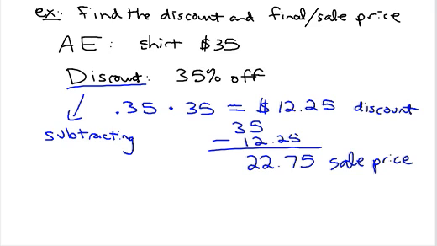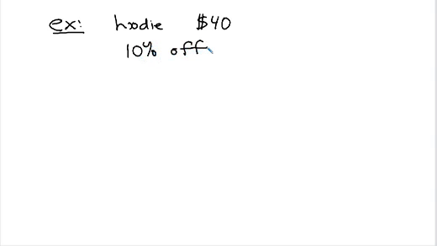So, what if you have a problem, this will be our last problem, that has both a discount and tax? All right, let's say the hoodie is $40, 10% off, 6% tax. How would you find the final price? This is a two-step problem.